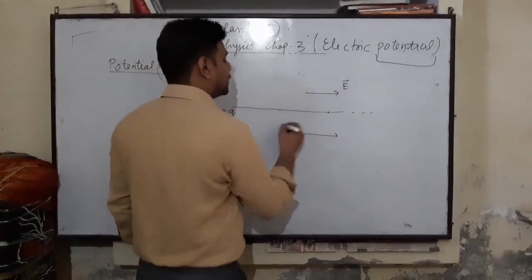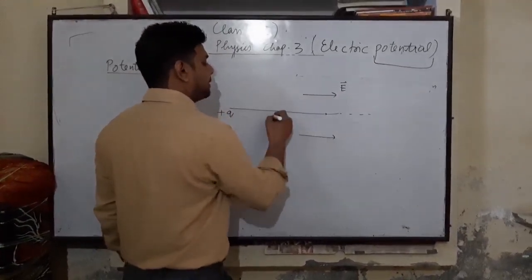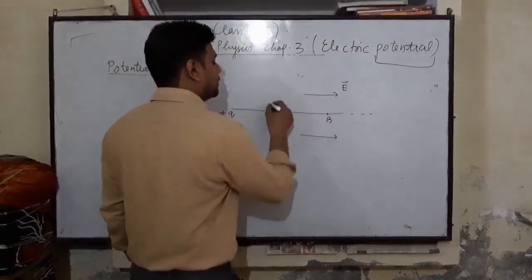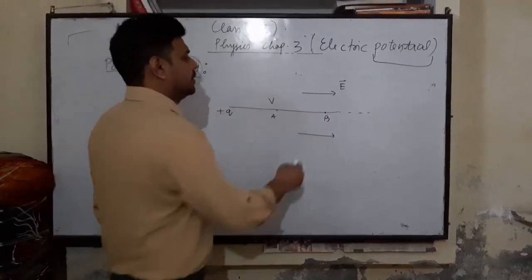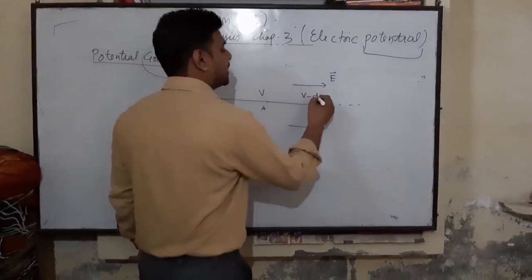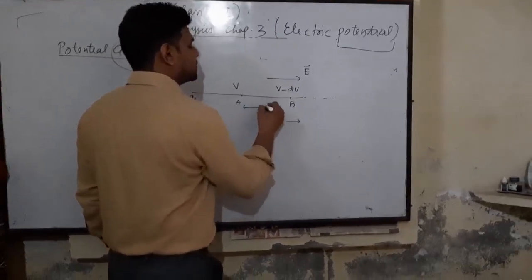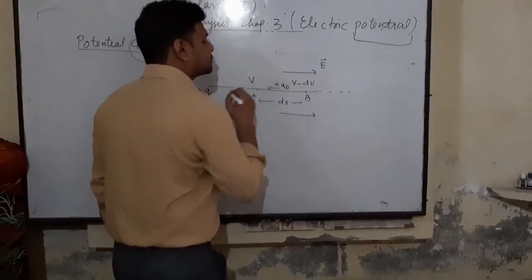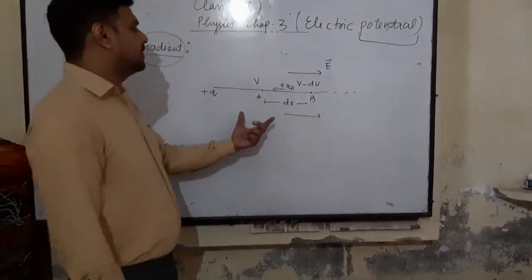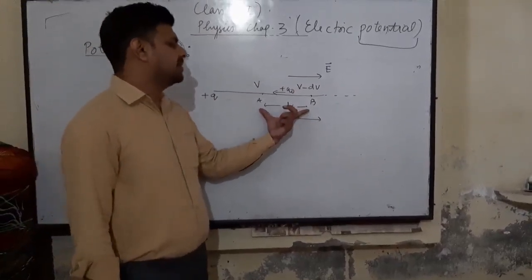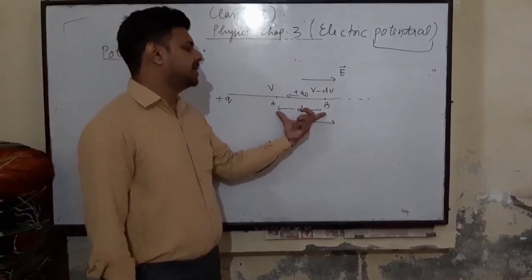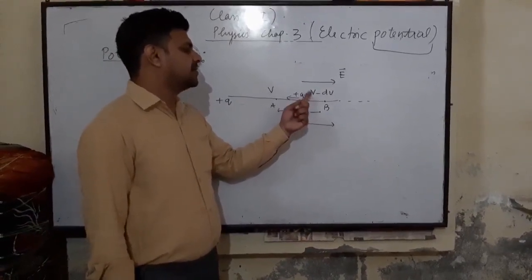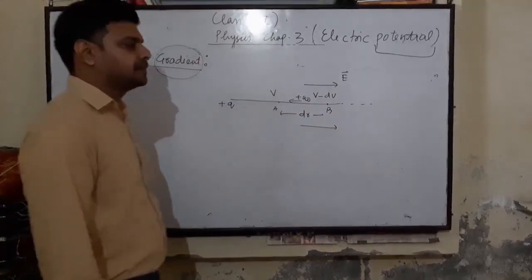Let's consider 2 points A and B. Here potential is V, and here potential is V minus dV. Consider this distance is dr. For defining the potential difference between A and B, we bring a positive test charge from B to A.